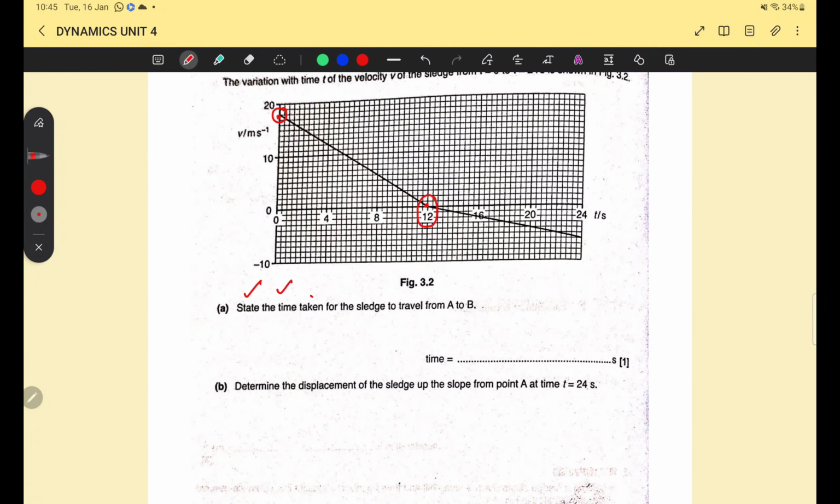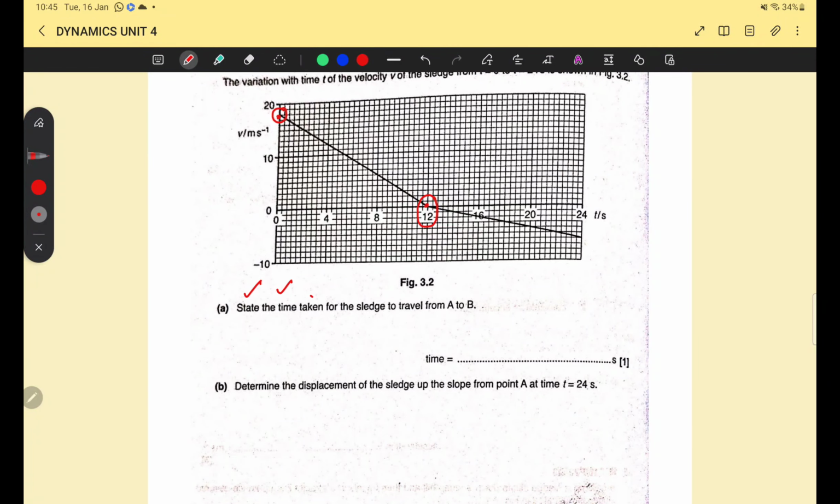I'm calling this distance d1. So d1 equals half times base 12 seconds times height 18. 2 into 6 is 12, and 18 times 6 is 108. So 108 meter, the child will move from A to B.